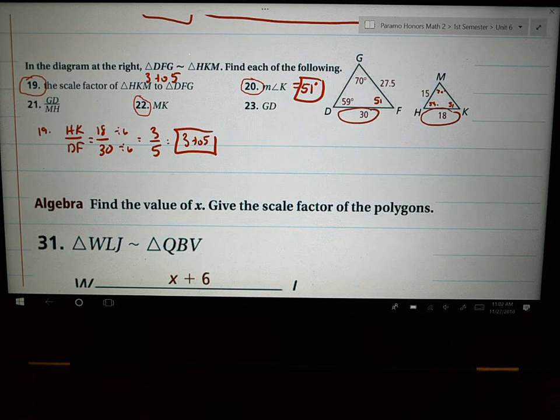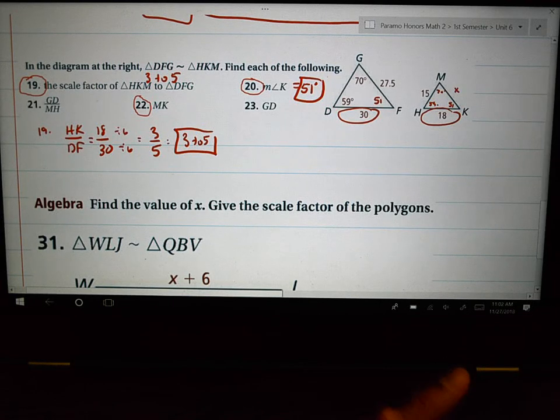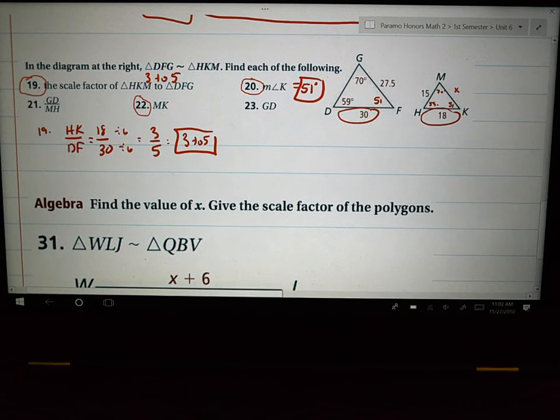Lastly, it says MK. That's this value right here. We don't know what it is. I'm going to call it X for right now. What we could do is use our scale factor to set up a proportion to figure out how big MK is.